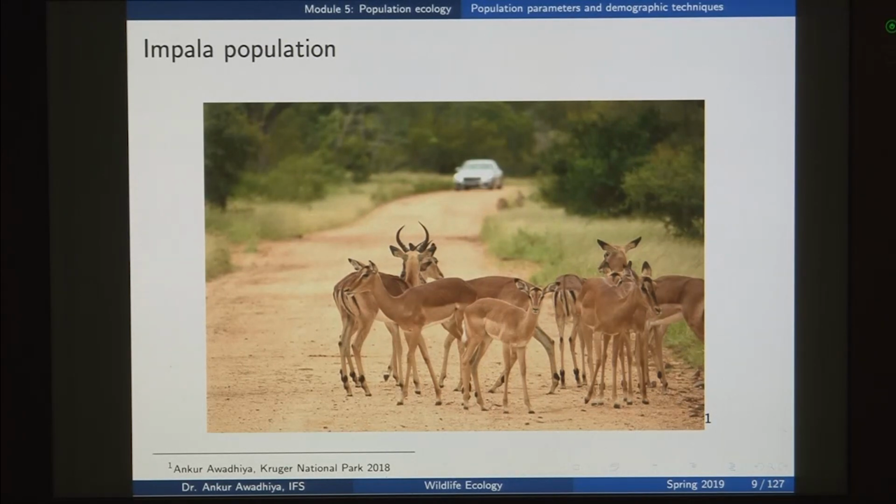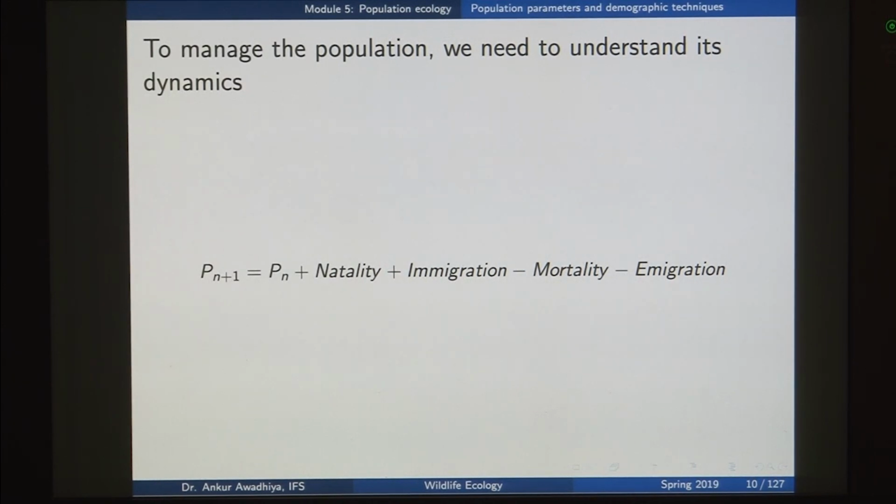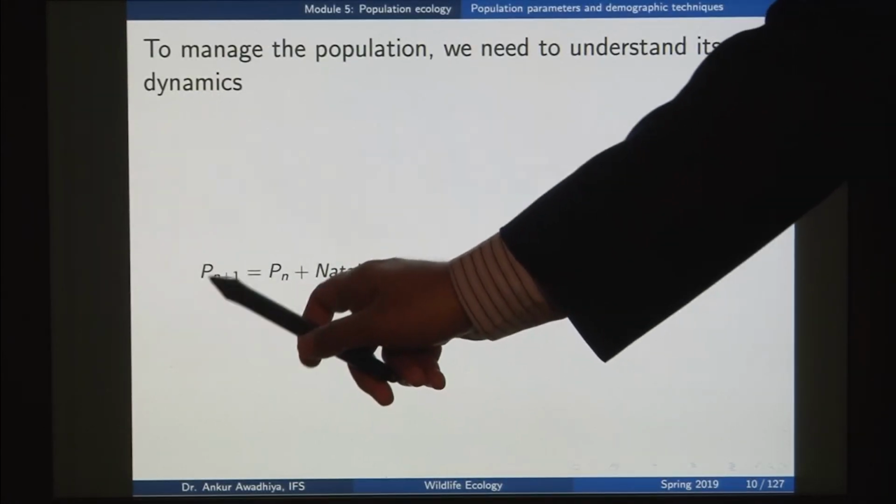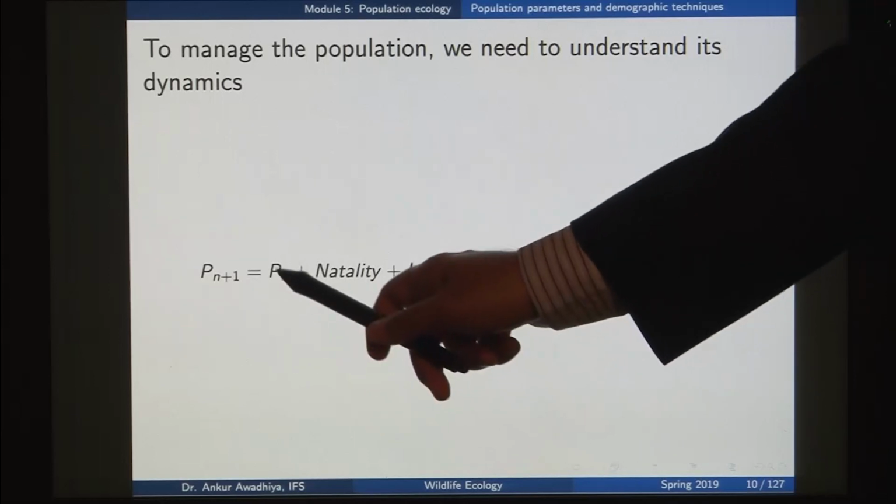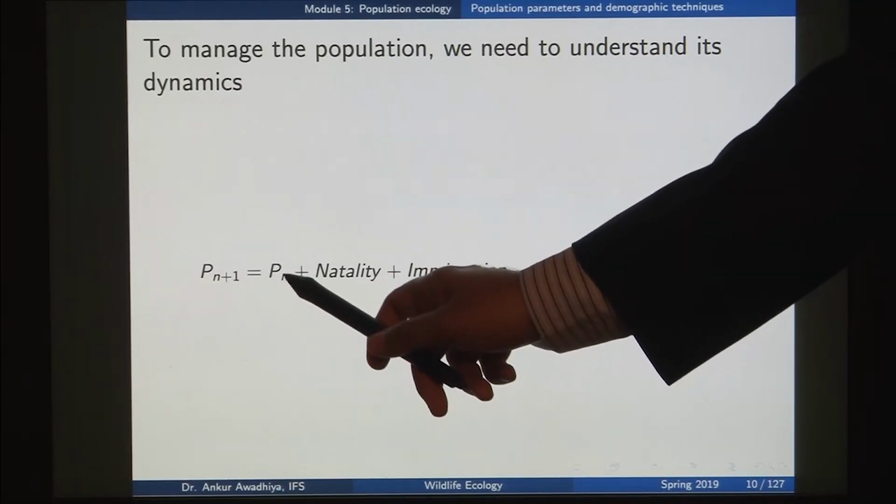Now, if that is our aim, we want to understand how this population will move with time. So, this is the equation that regulates the growth or decline of a population. So, we have Pn+1, which is the population at a time that is n+1 years, is equal to Pn, that is the population at the nth year.